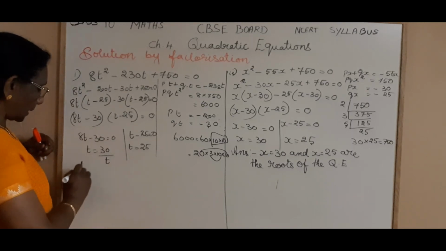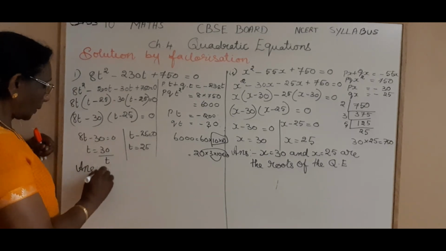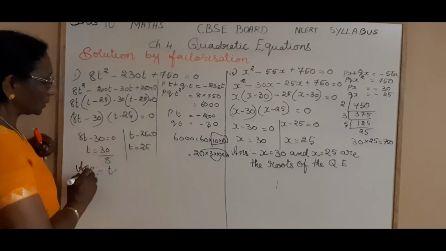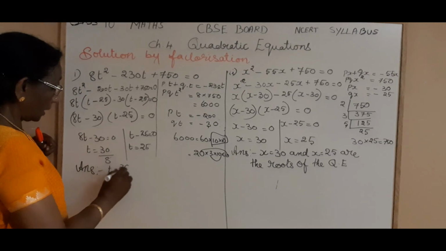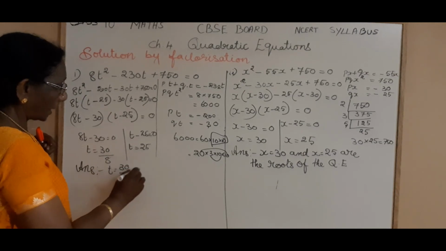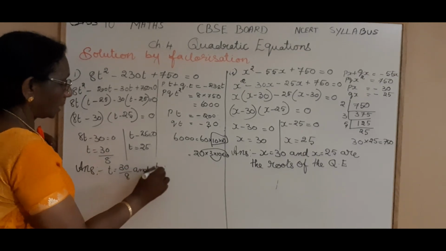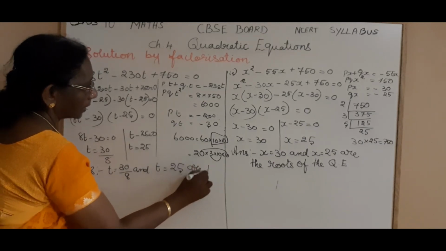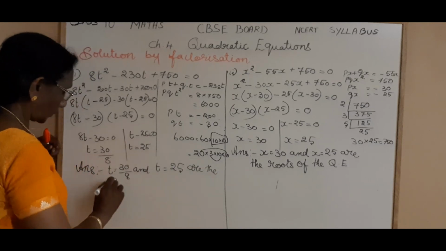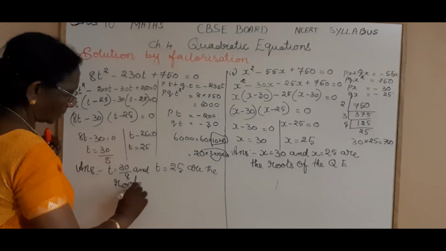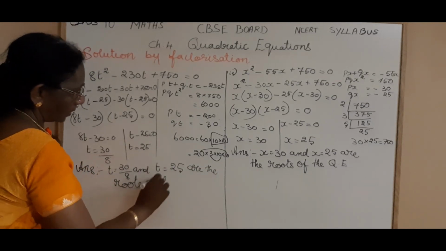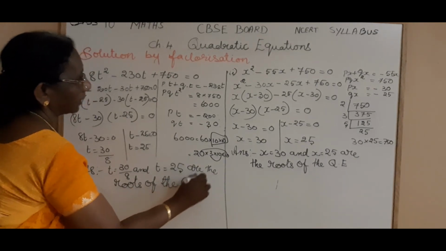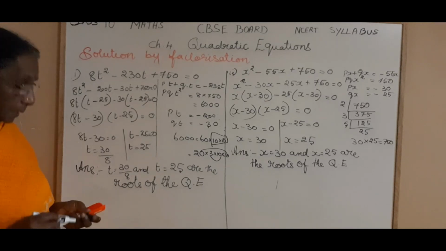So what is the answer? t is equal to 30 by 8 and t is equal to 25, or the roots of the quadratic equation. Is it clear?